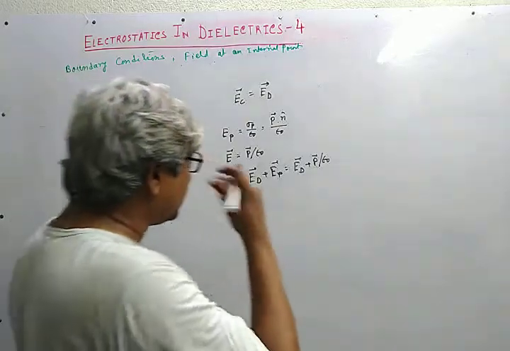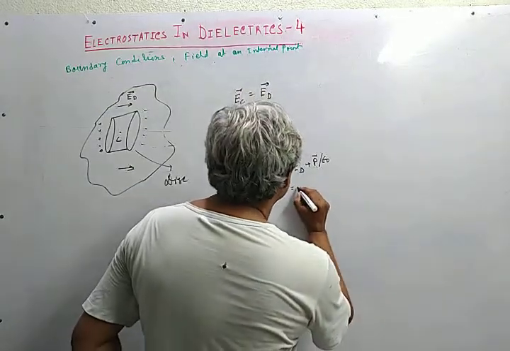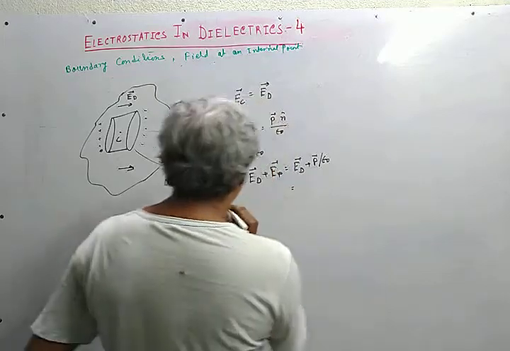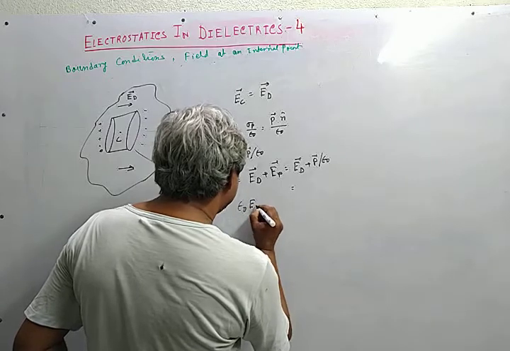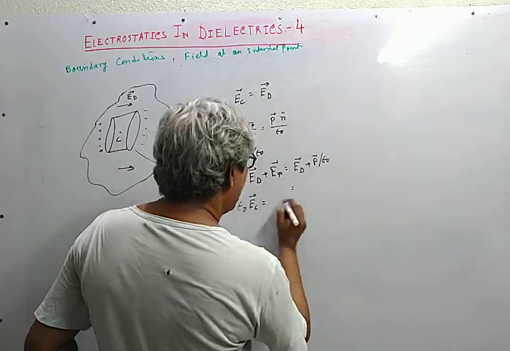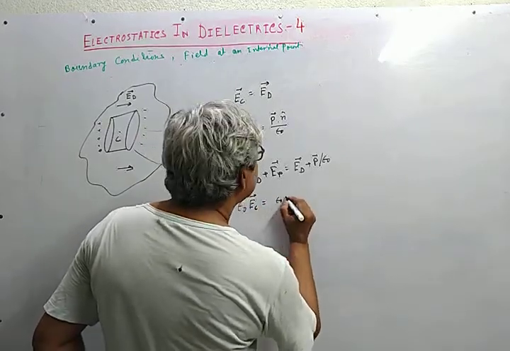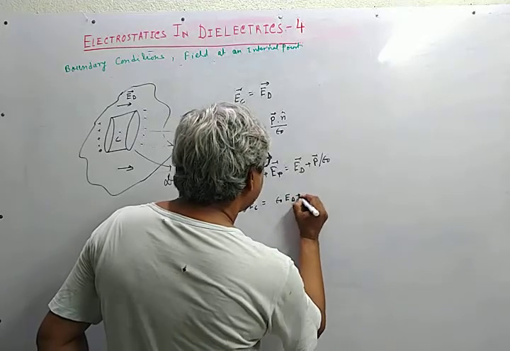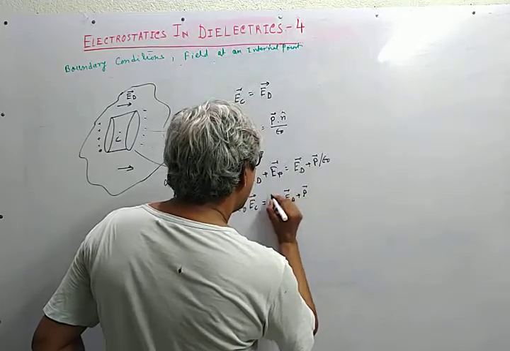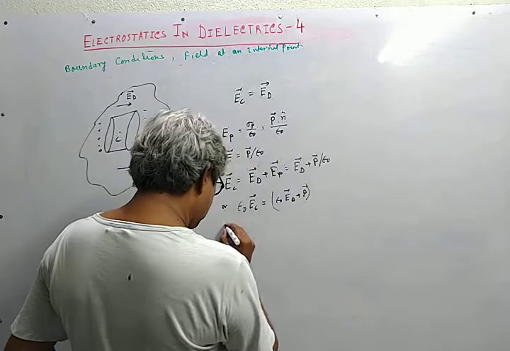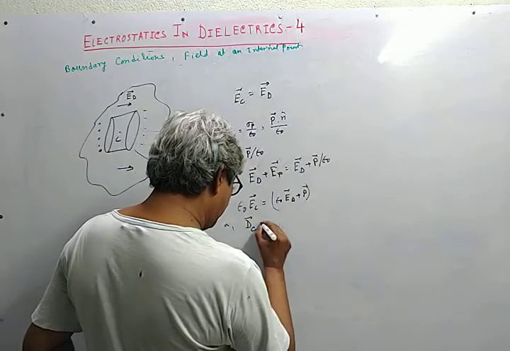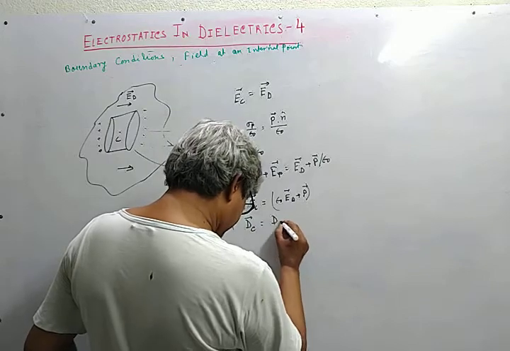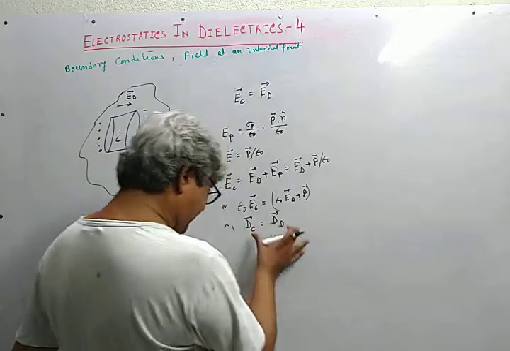We can multiply this by epsilon 0: epsilon 0 EC is equal to epsilon 0 ED plus P. So this is the displacement vector in the cavity, and this is the displacement vector within the dielectric.